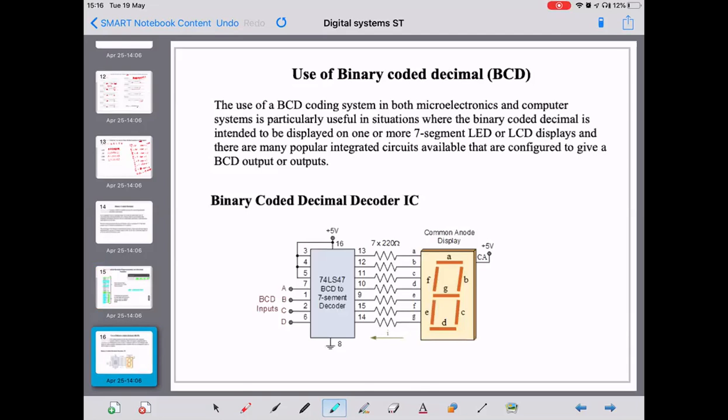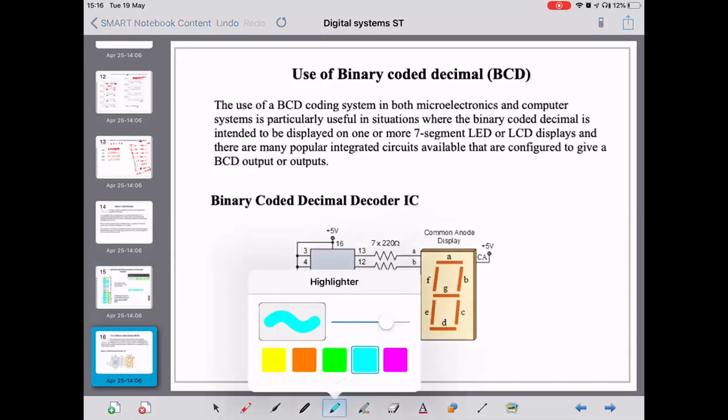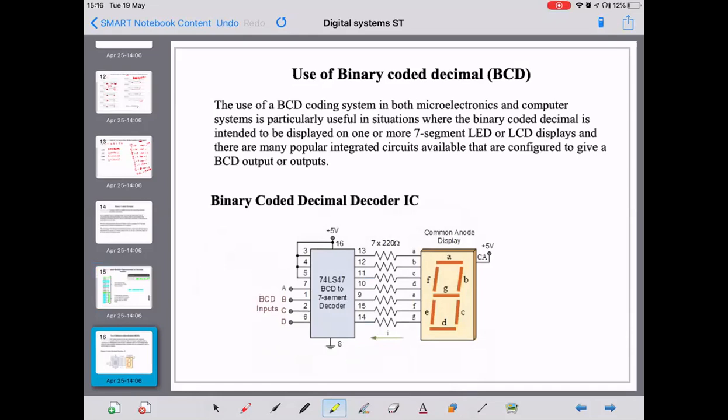So this is an example. We've got this 74LS47, which is a binary coded decimal to 7-segment display decoder. So although you could design the logic circuit that would turn these various A, B, C LEDs on to make up the number, you can buy a chip to do it in one go.